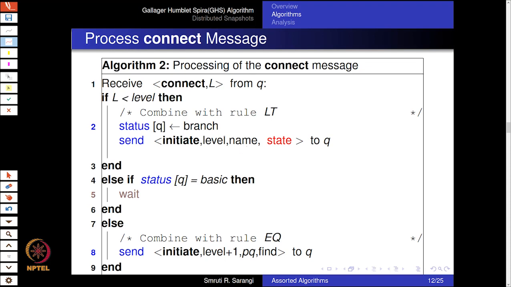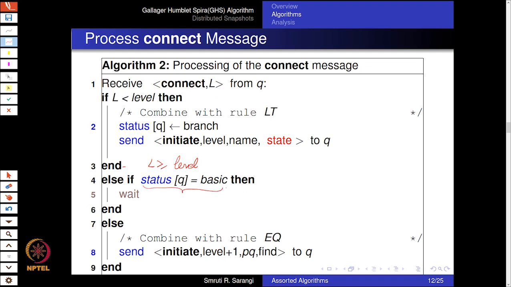So we had said if the LT condition is not holding, what could happen? If this is not holding, it means L is greater than or equal to level, which is fine. This means that from the outside a level is coming which is greater than or equal to my level. So now I look at the status of the edge.